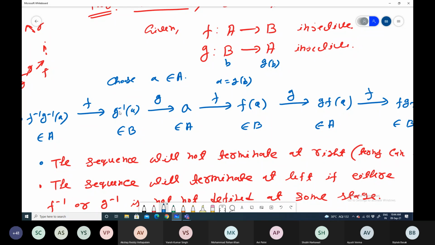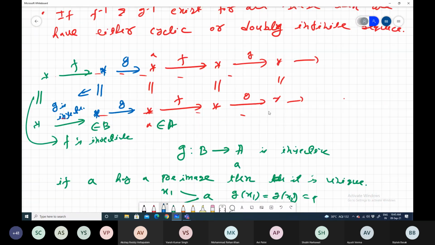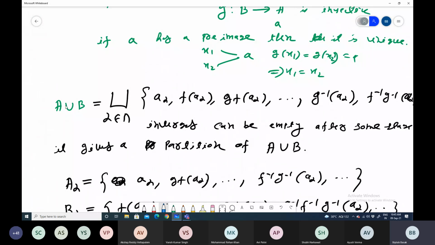That means b will be in a sequence. So in that way, you will get a sequence containing that b. Yes, sir, got it. This is a good question. So in that way, you can say that all the elements of A and all the elements of B are present in this sequence.